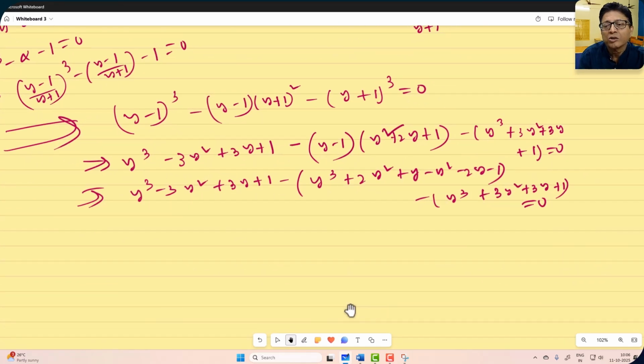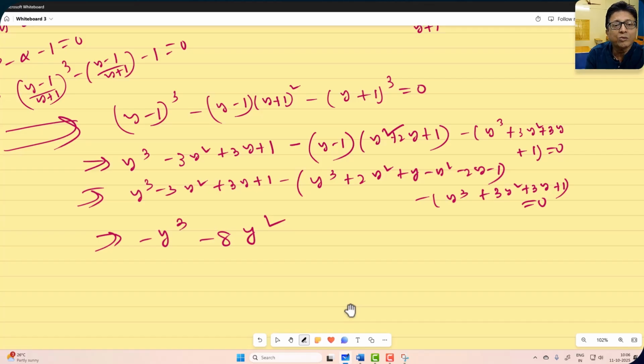Okay, so now you get minus y cube, minus 6y square, that is coming minus 8y square, no, 1 plus is there, not 8.